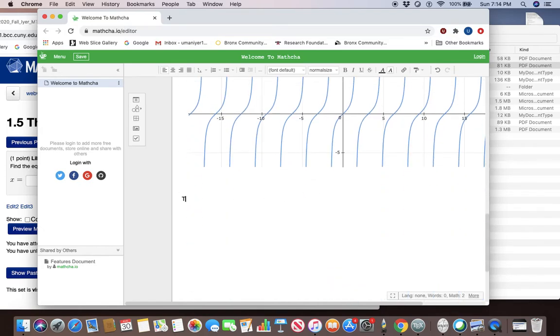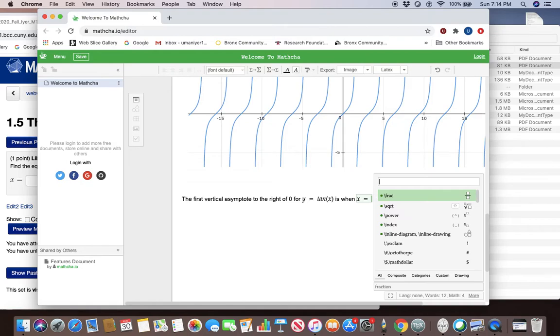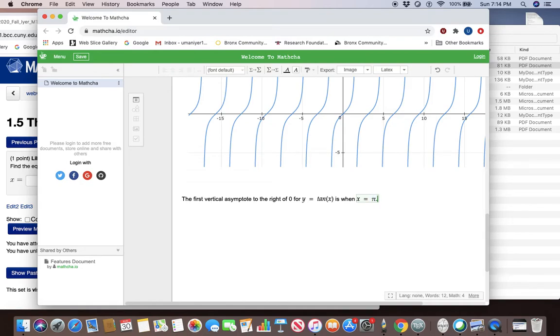So the first vertical asymptote for y equals tan x, to the right of 0, and that's important because we are looking at the right-hand side, is when x equals pi over 2.